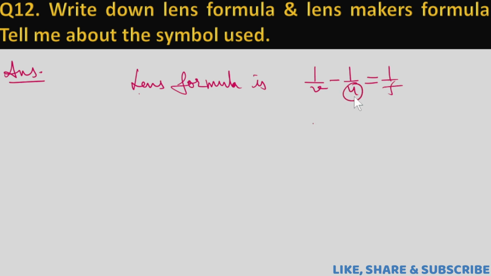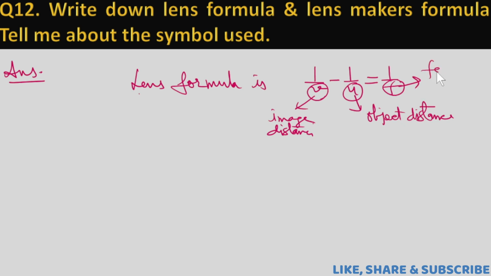Here u is the object distance, and of course from the optical center, v is the image distance from the optical center, and this is the focal length. And this has to be the distance from the optical center till the principal focus of the lens.